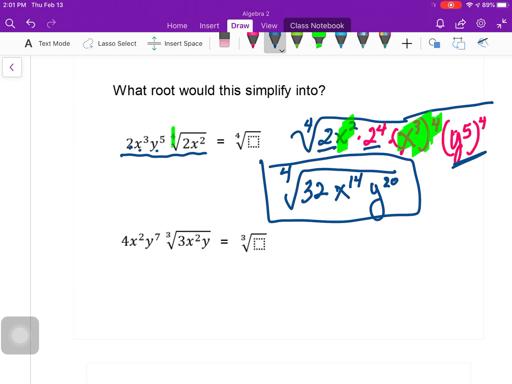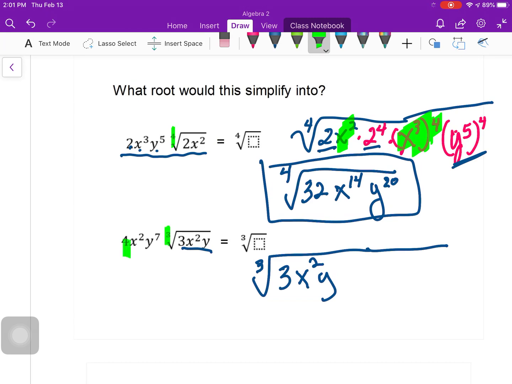Okay, let's try the next one. I'm looking at what all goes into the cube root. I presently had 3x squared y. Now I'm going to have to put 3 of each of these in there. So that means 4 cubed, x squared cubed, y to the 7th cubed.